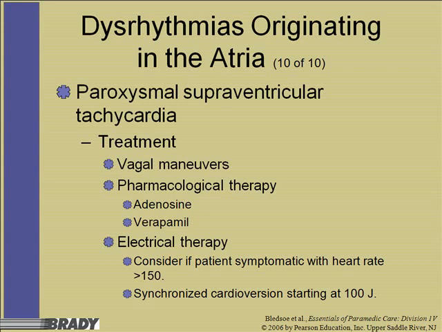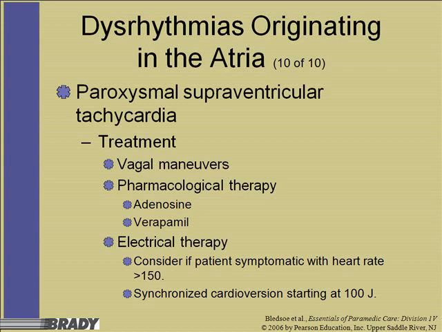Electrical therapy would be the third step. Consider if a patient is symptomatic with a heart rate of greater than 150 beats per minute. So if they're unconscious, unresponsive, severe chest pain, severe respiratory problems, then you want to consider synchronized cardioversion, which means that you push the sync button on, you cardiovert them starting at 100 joules, and we use that cardioversion to knock that irritable site out, to allow the pacemaker site to take back over again.